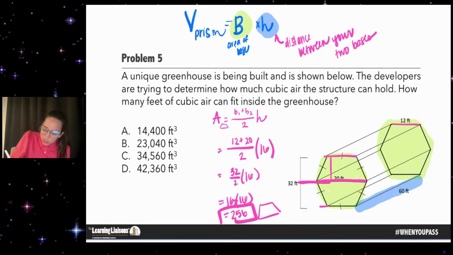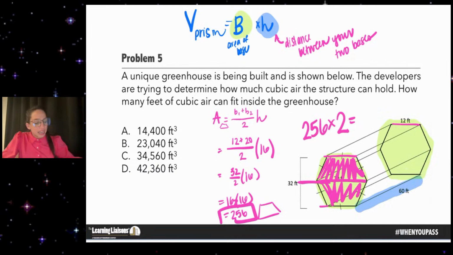I have to do 256 times 2 because there's 2 trapezoids. 256 times 2 is 512 times 60 is 30,720. Okay, that's still not the right answer.